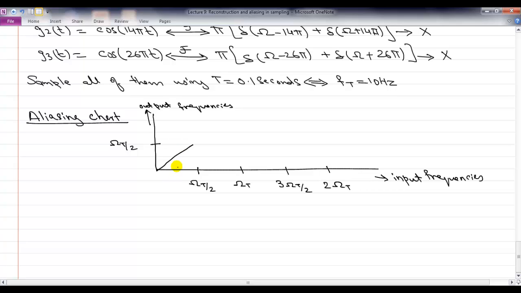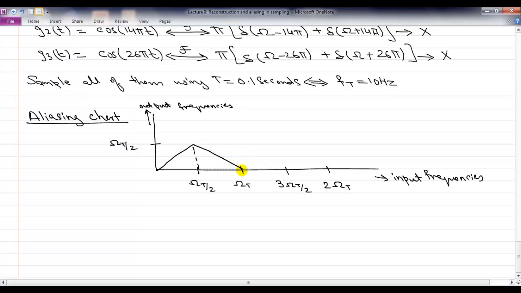But once my input frequency crosses this limit of omega t by 2, then instead of recovering a frequency higher than omega t by 2, I start a linear downward trend. I start getting frequencies which are going down linearly. Instead of going higher, I start going down.